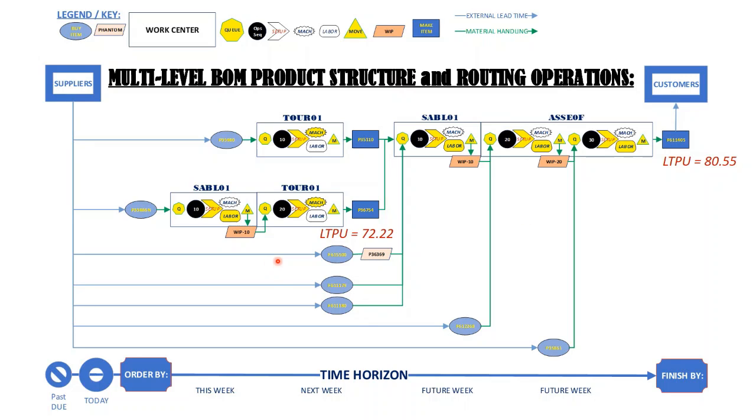And then for this semi-finished manufactured item, the lead time per unit was calculated to 72.22 hours per 1,000. You can see our cycle time is a little bit quicker. We can process more or the same 1,000 pieces a bit quicker than we can at the next level in the bill of material.